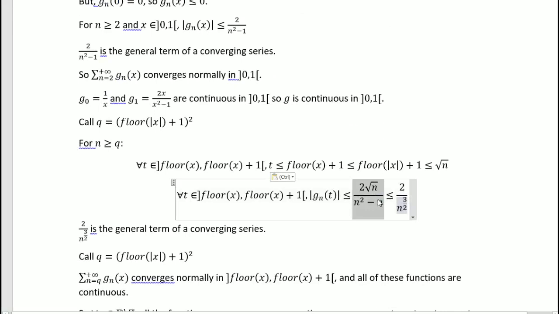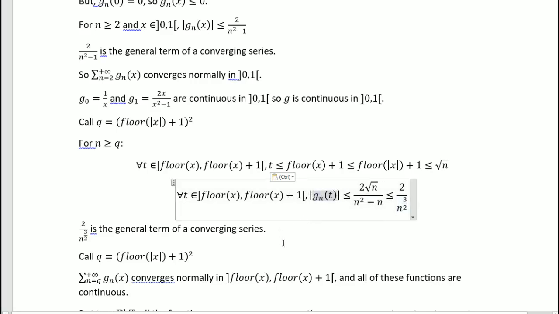And I just take the important terms, and I get that it's less than 2 over n to the power 3/2, and that's it. And this obviously is the general term of a convergent series, so this converges too.